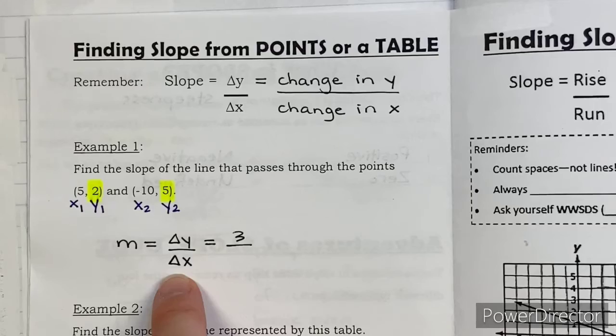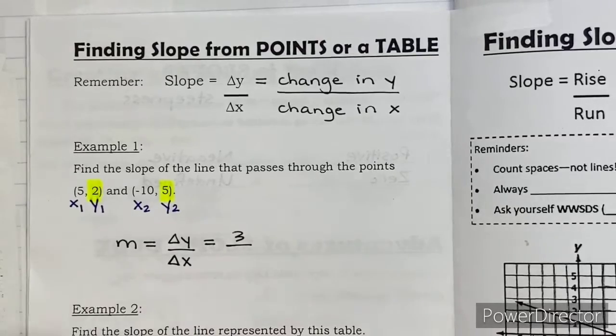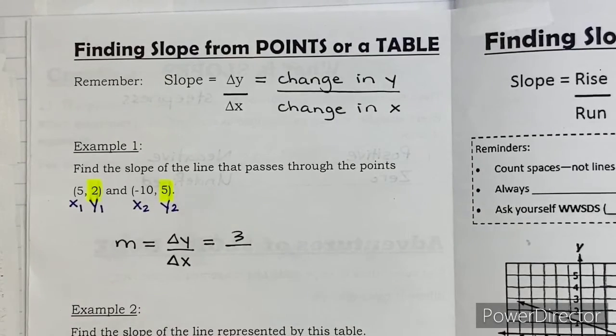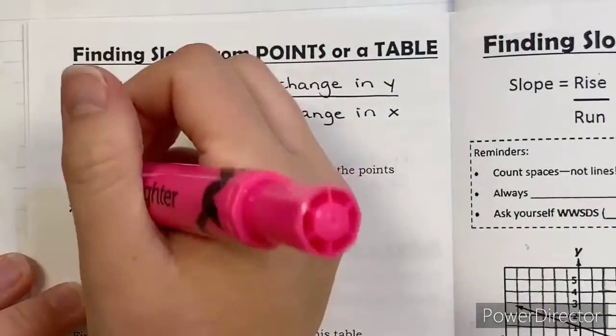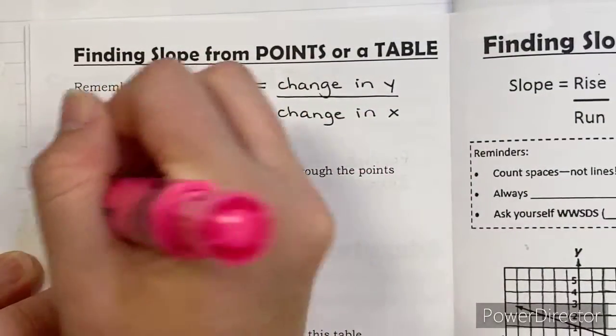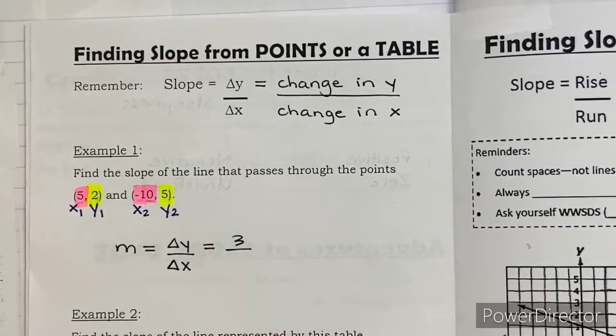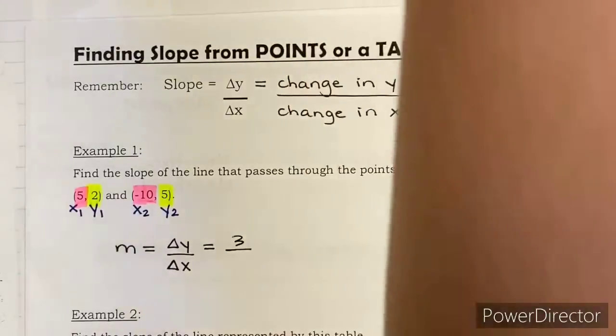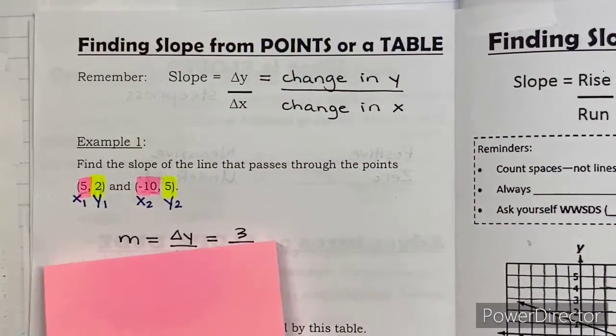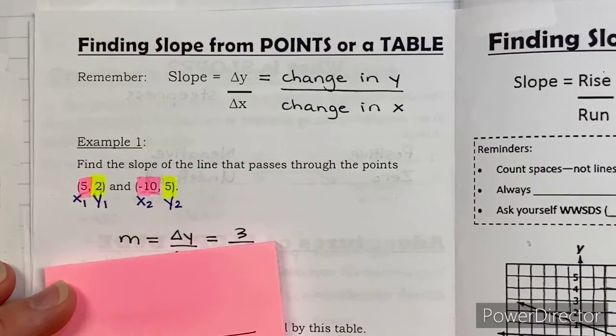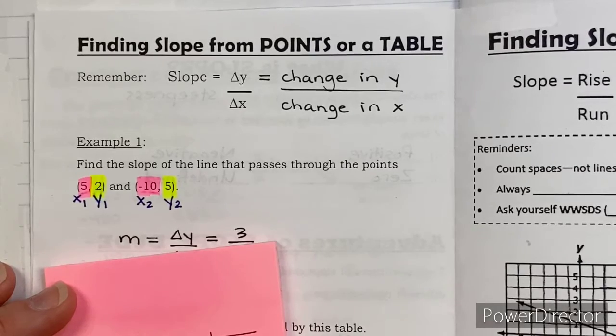Now we need to know the change in x, which is talking about the x values. So we need 5 and negative 10 for that one. Again, on a number line, this one's going to be a little bit bigger to draw. On a number line, we have negative 10 down here, negative 5, 0, and 5.